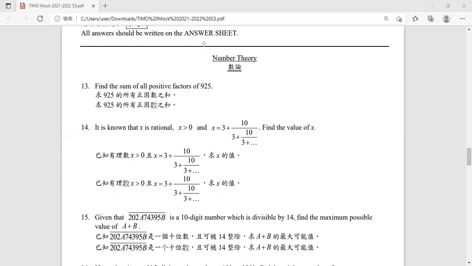Okay, now we start to solve it. Now 925 is actually equal to 37 times 25, which means it is equal to 5 squared times 37. And the sum of positive factors equals (1 plus 5 plus 5 squared) times (1 plus 37).